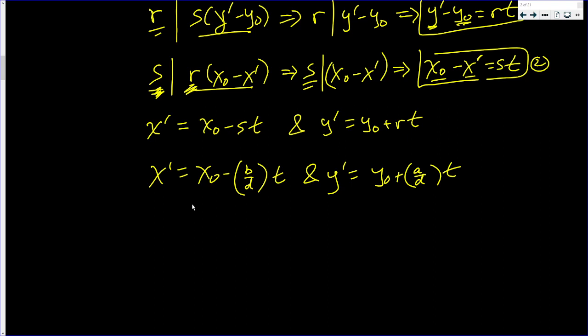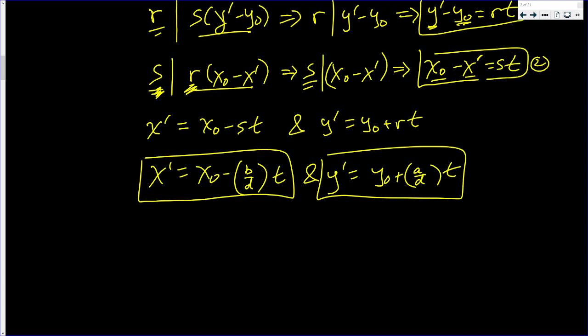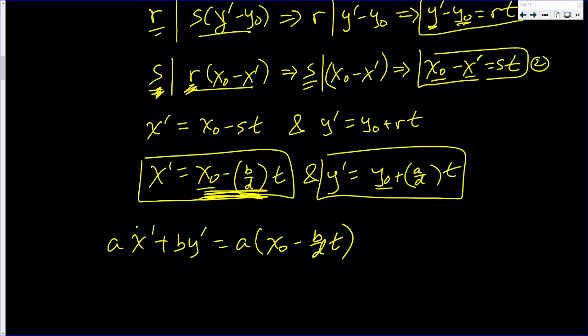Now, I claim that this here is a solution. Well, we know that ax0 plus by0 is c. Let's see if a times x prime plus b times y prime also equals c. Well, it's a times this new way of writing x prime, namely x0 minus b over d times t, plus b times y prime, where that's y0 plus a over d times t.